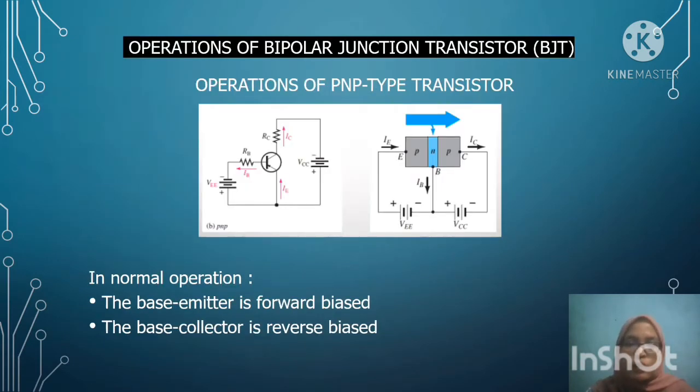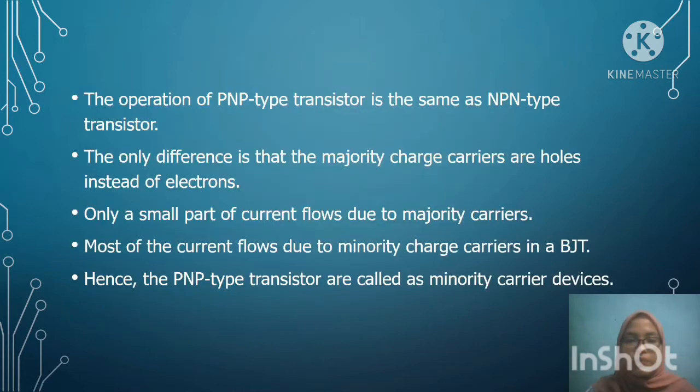And right now, we will take a look at the second type of BJT, which is the operation of the PNP type transistor. The normal operation of a PNP type transistor is still the same as an NPN type transistor. In normal operation, the base emitter of a PNP type transistor is forward biased and the base collector is reverse biased. Like I said before, the operation of a PNP type transistor is the same as an NPN type transistor.